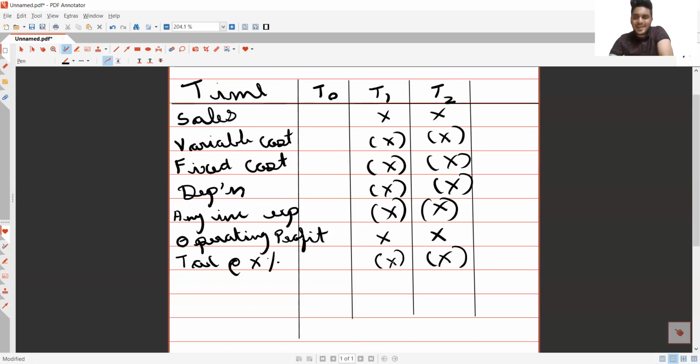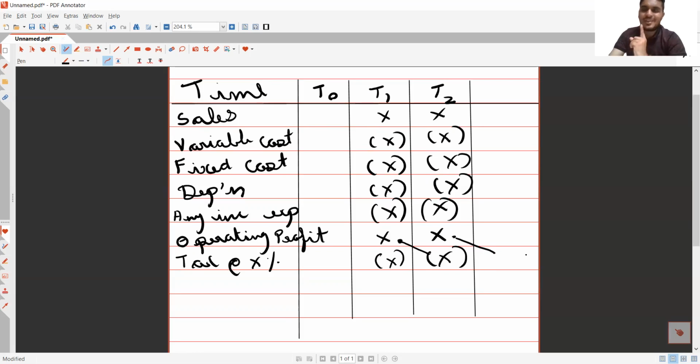However, if it's a tax in arrears, what would you do? Your first year's tax will be payable in your second year. Your second year's tax, which is T2, will be payable in your third year. So you're paying tax with a delay of 1 year.